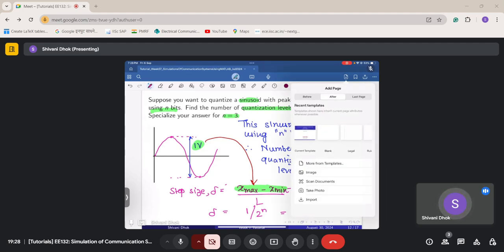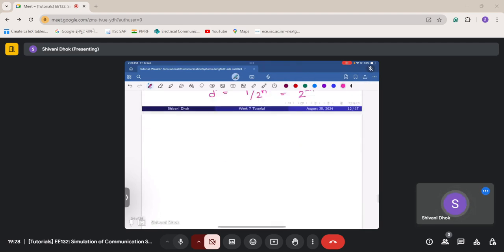And what is told to us is that we need to specialize this result for n equal to 3. So if the number of bits n is equal to 3, then L comes out to be 2 to the power 3, which is 8 levels, and therefore delta comes out to be 2 to the power minus 3, which is 0.125.